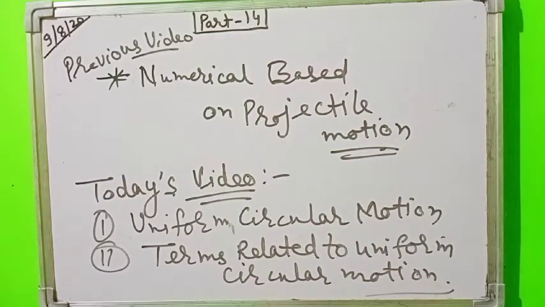In this context we will discuss time period, frequency, angular acceleration, angular displacement, angular velocity, all things. After that we will discuss the relationship between angular velocity, frequency and time period, and then a relation between linear velocity and angular velocity. These things we will discuss in today's video.